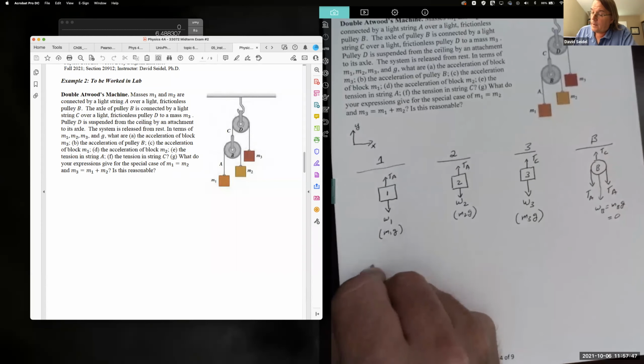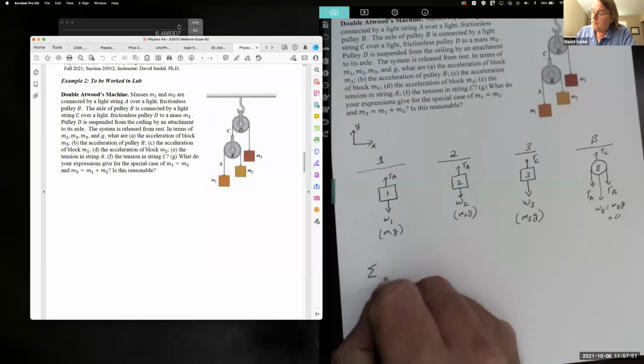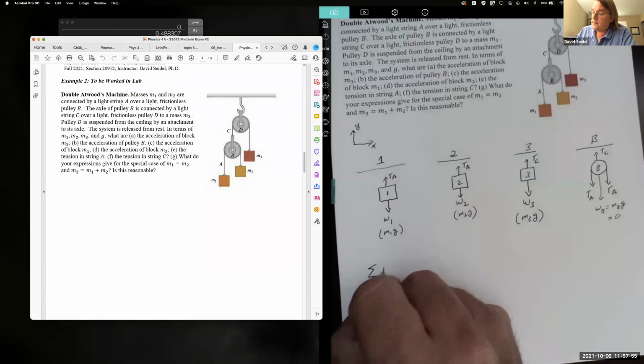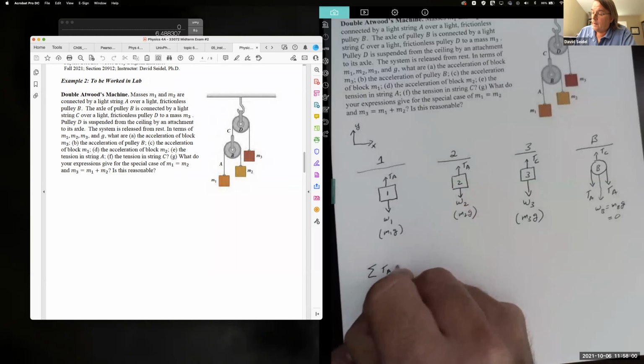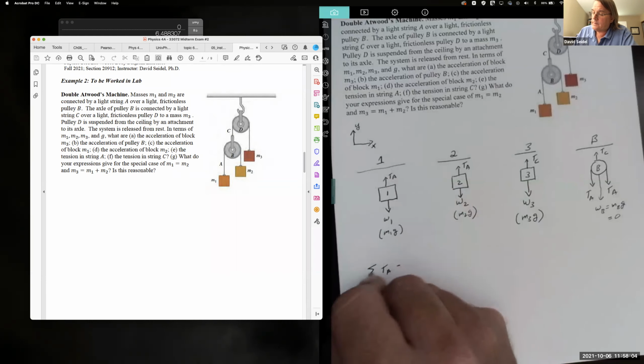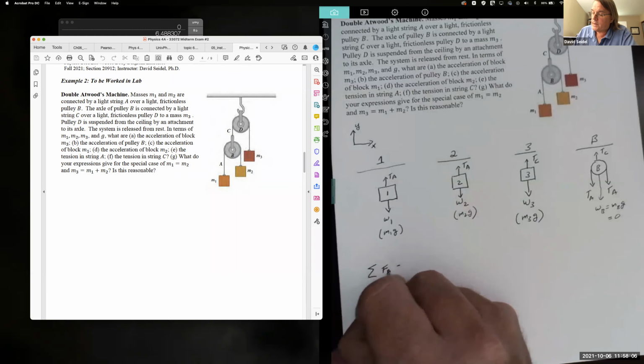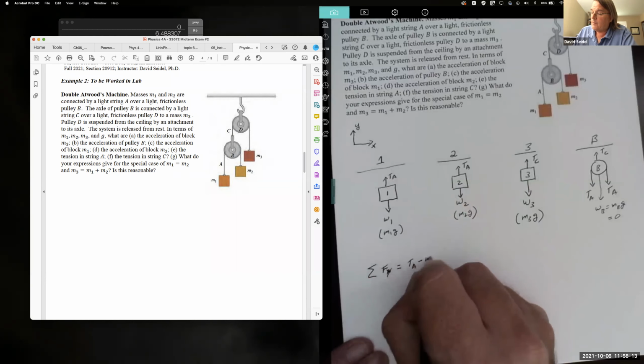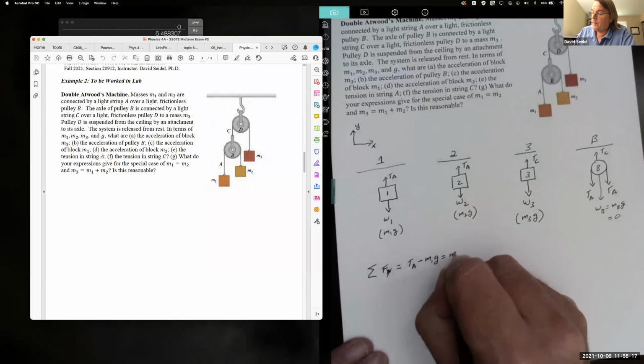So my sum of my forces in the y direction for this one is TA minus M1G equals M1A1.